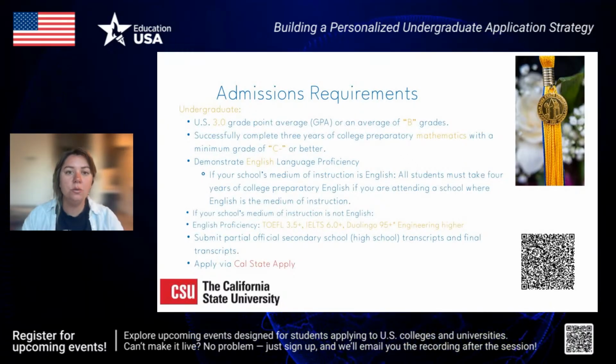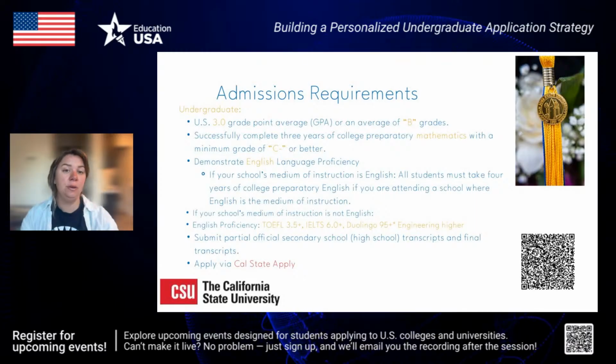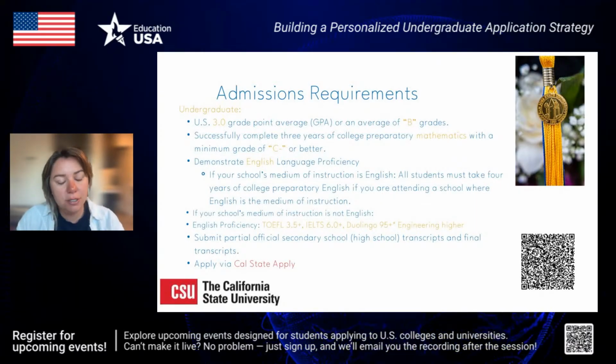So these are our admission requirements, but it's an important step. I've already mentioned that you have to be aware of what the admission requirements are, but I will just give you an example at our university.